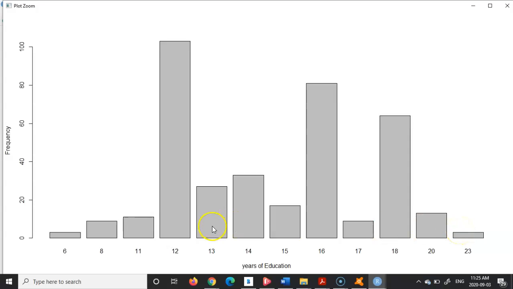But the majority, as it seems, are people who have only the high school diploma, and next it goes to the people who have only an undergraduate degree, 16 years at school, and also a master program, which is 18 years at school.